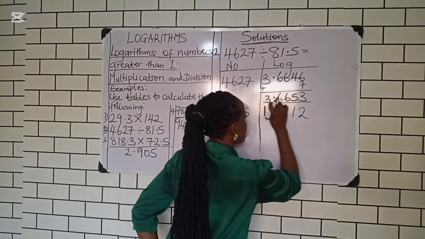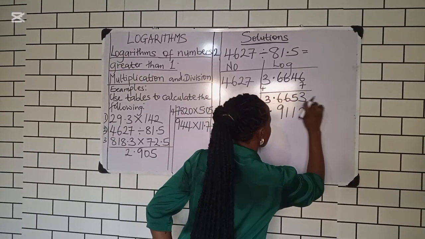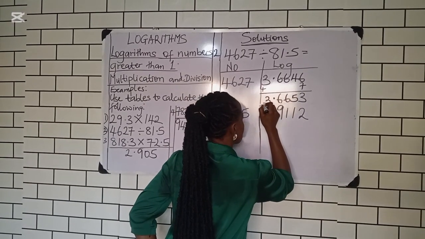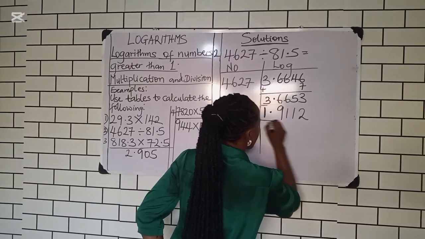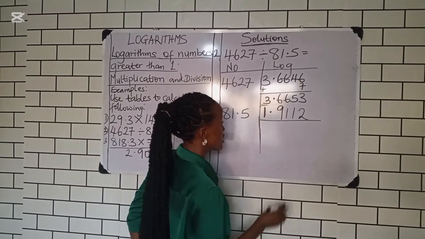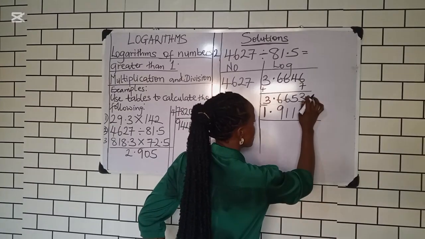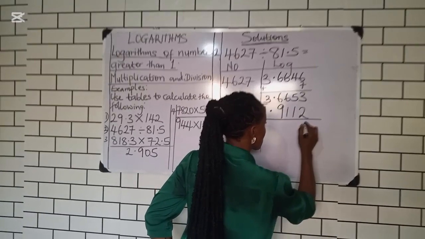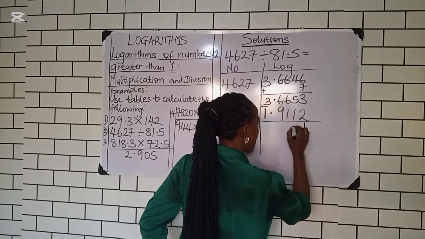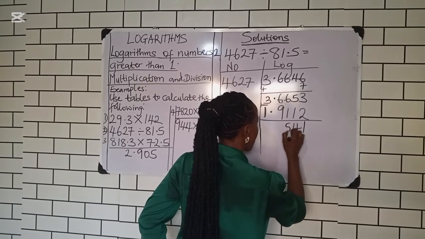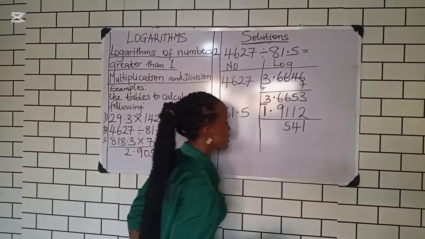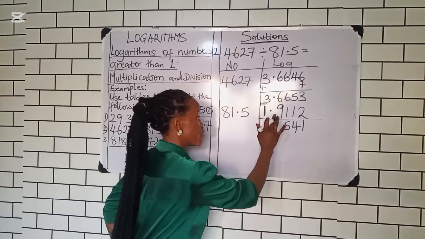Now subtracting their logarithms, let me clean this one. You write your subtraction sign. Now you can go further and subtract. 3 minus 2 gives us 1. 5 minus 1 is 4. 6 minus 1 is 5. 6 minus 9 can't go because 9 is bigger than 6.